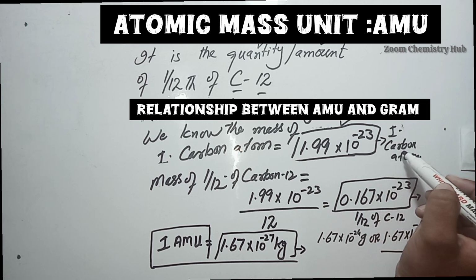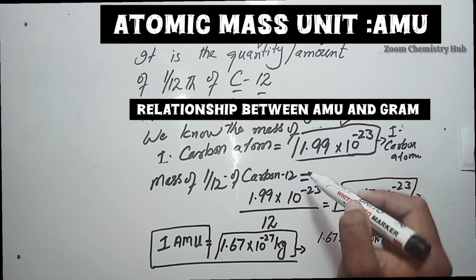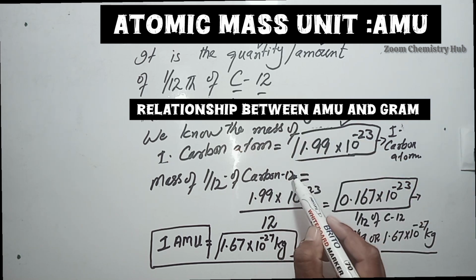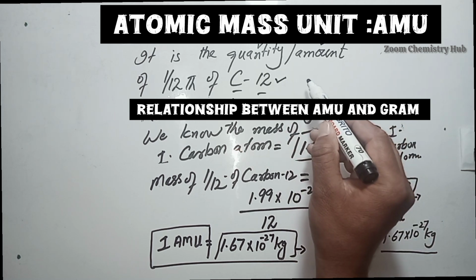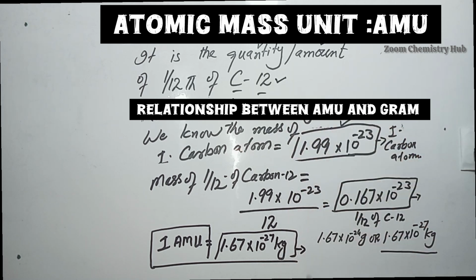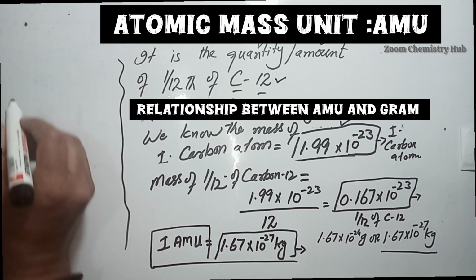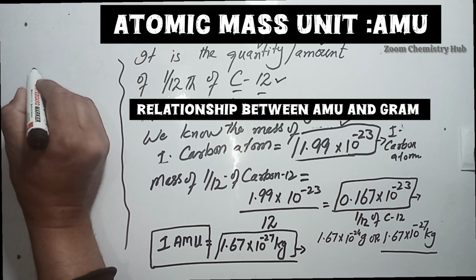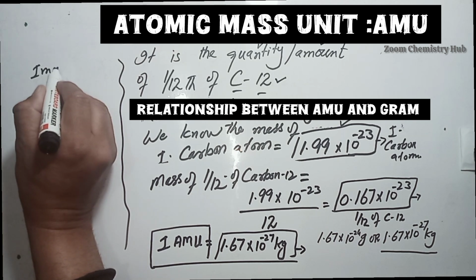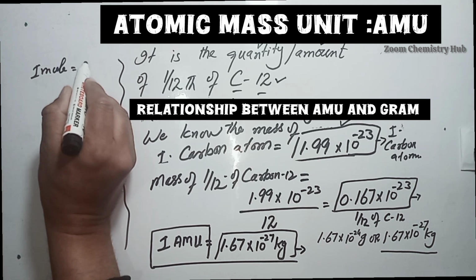This is the mass of 1 carbon atom, and this 12 is the mass of 1 mole of carbon atom. So we can write it as: mass of 1 mole is 12 gram.